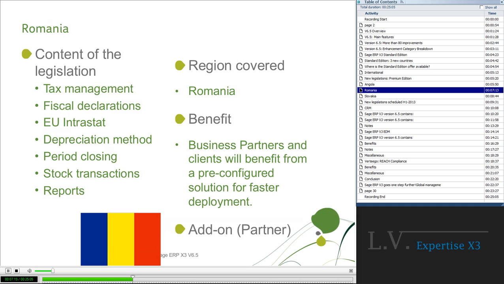We have also a new legislation concerning Romania. Romanian legislation is provided by DVO with a partner as an add-on, and this Romanian localization has been built with local auditors in Romania.